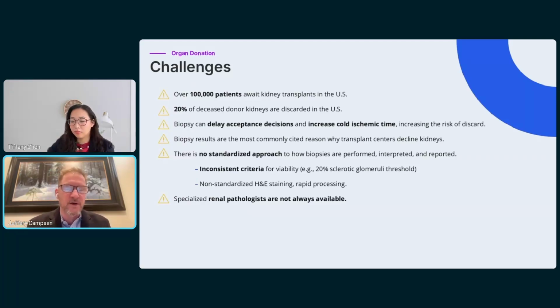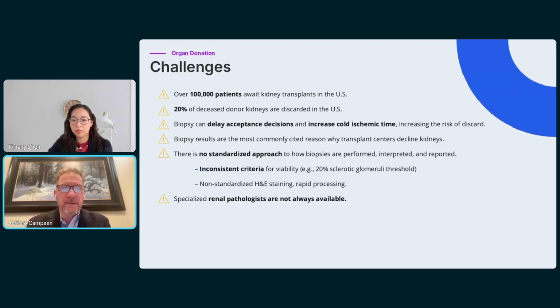One of the reasons is that there's a time constraint. When the kidneys come out of the donor body and are in storage and transported to the recipient for the transplantation, there's a short amount of time. Any delays can cause that time to go further and make the kidney not viable anymore.